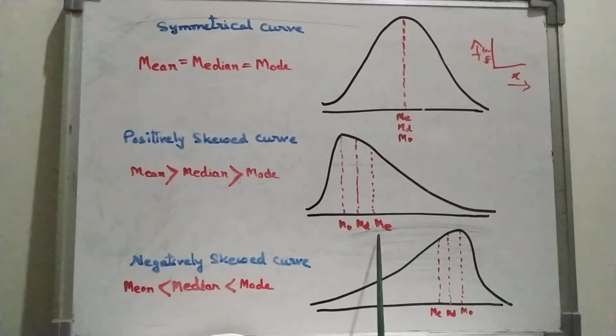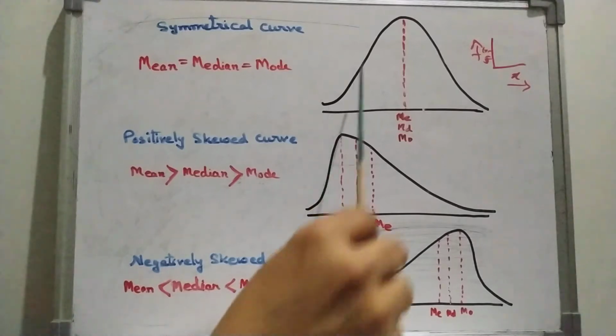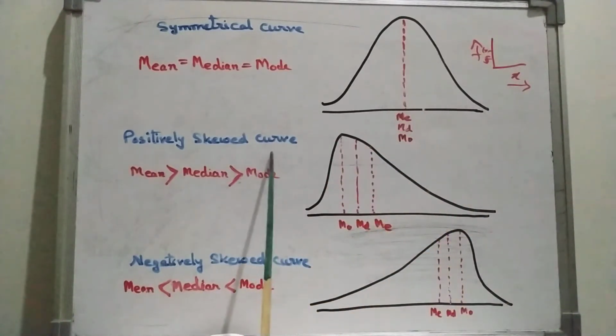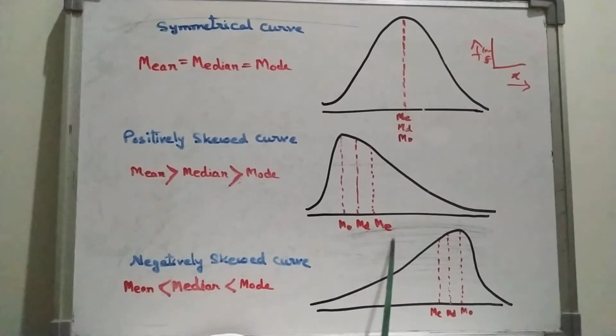We have not taken the actual data, this is just a rough curve, a rough diagram, just showing without taking any figures. Whenever we get the positively skewed curve, this is the sequence of mode, median and mean.